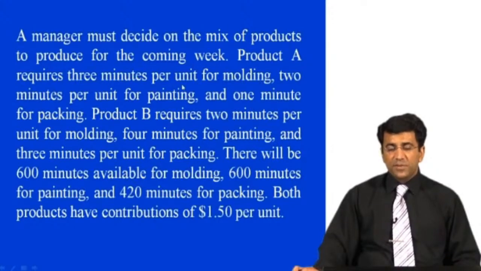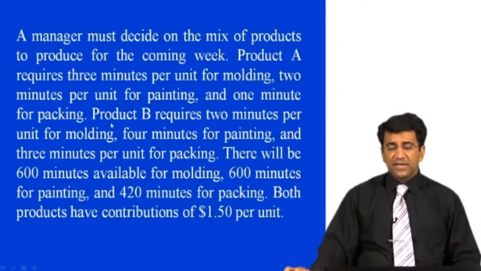Product A requires 3 minutes per unit for molding. That is the requirement of product A. Then 2 minutes per unit for painting and 1 minute for packaging. Then product B requires 2 minutes per unit for molding, 4 minutes for painting and 3 minutes per unit for packing.